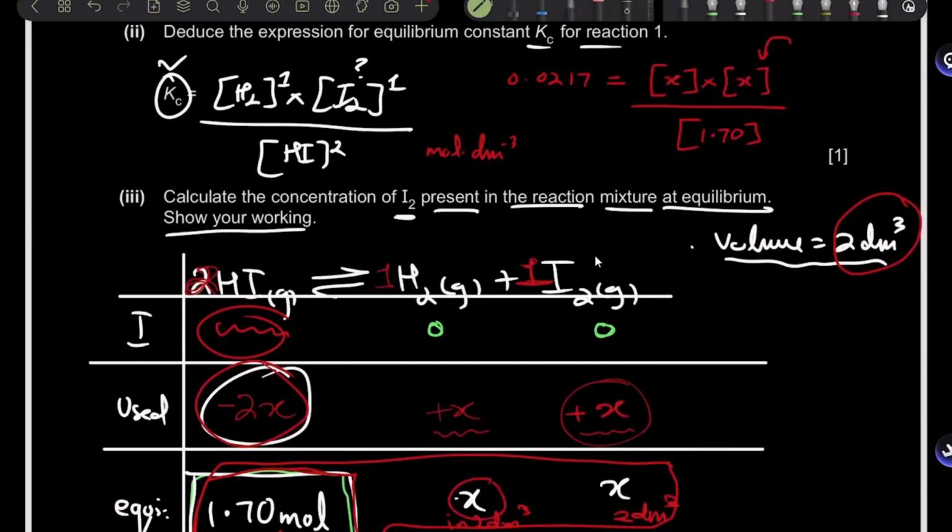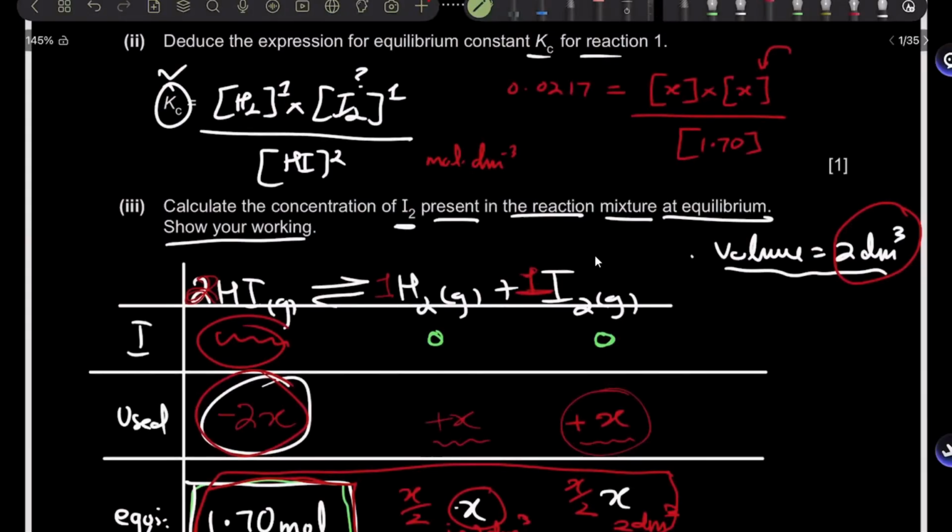And this would just be half of X, so X divided by 2. And this would also be X divided by 2, right? So that's the expression for 1 dm cube moles. Now I can put those expressions in the equilibrium expression. So I have X by 2 moles of this, X by 2 moles of this, and half the moles of 1.70.